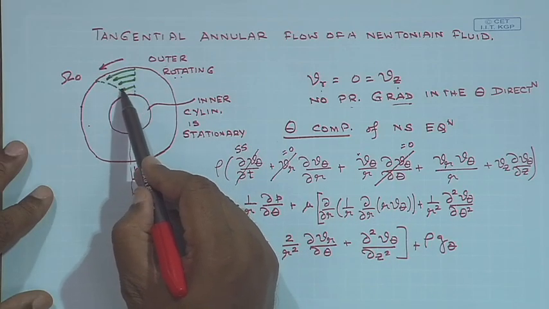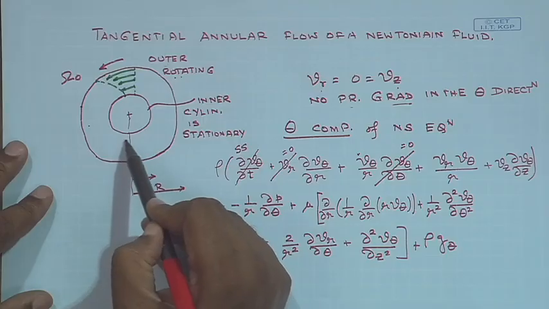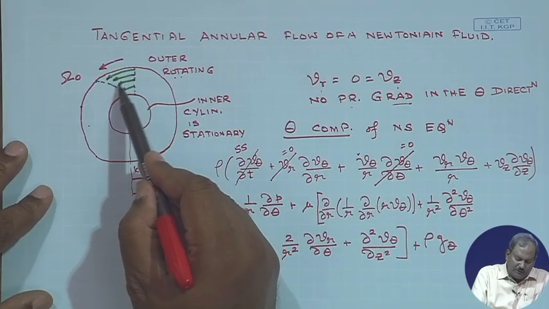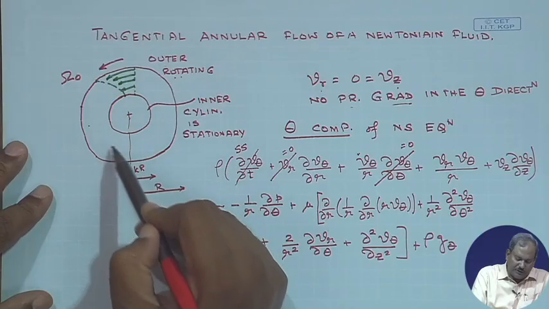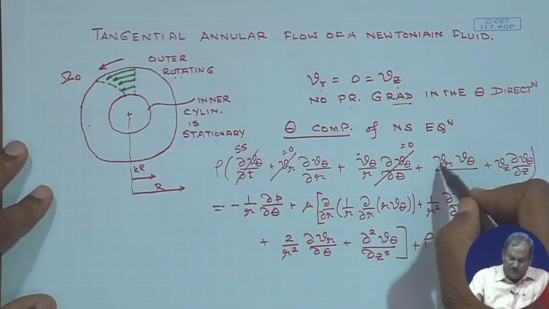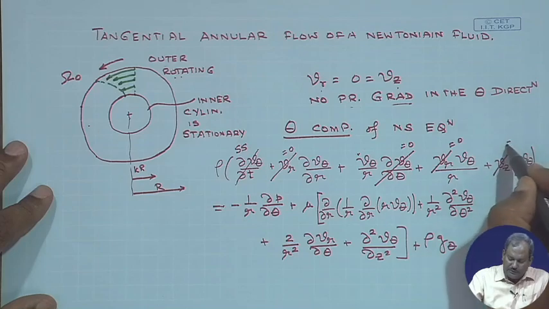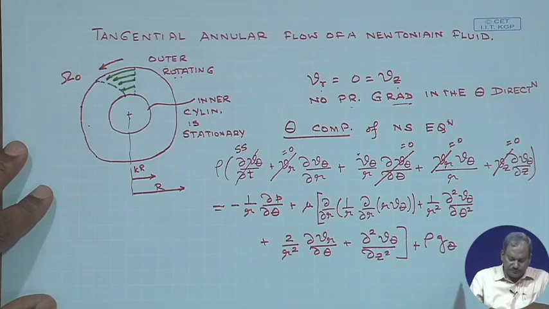So, if you fix the r, the velocity is not a function of theta. Velocity is a function of r. And here v r is simply going to be 0, and in this case v z is going to be equal to 0.